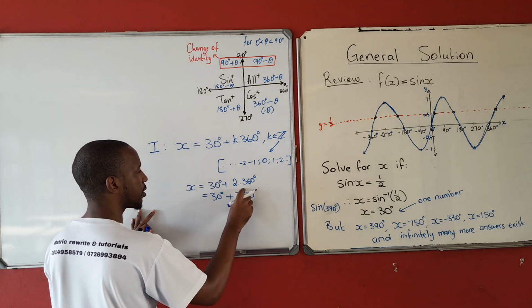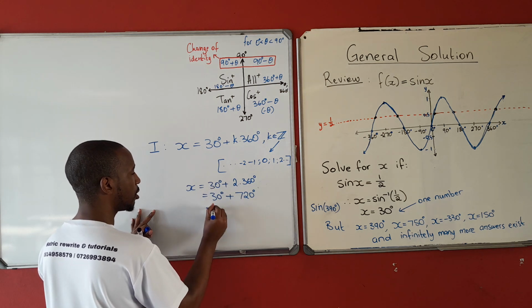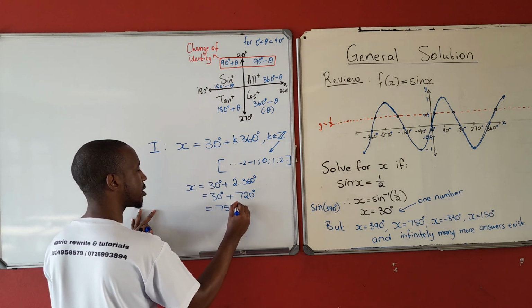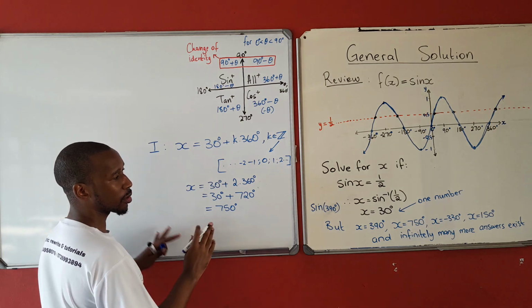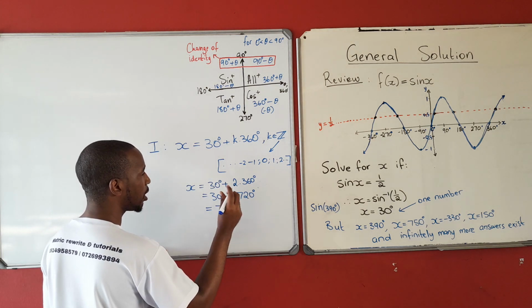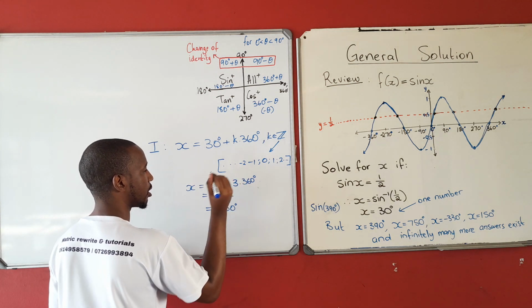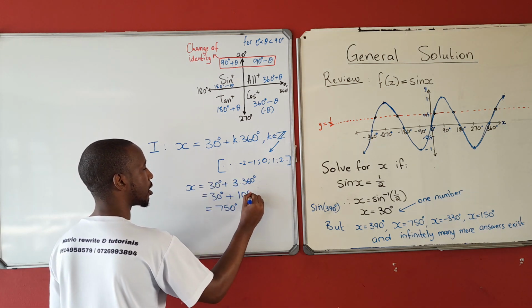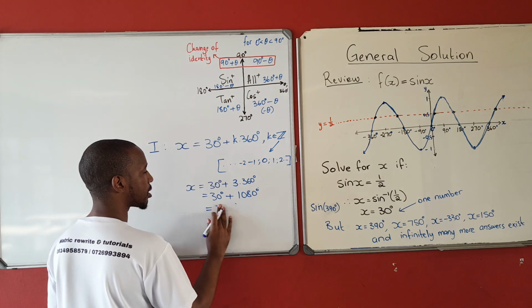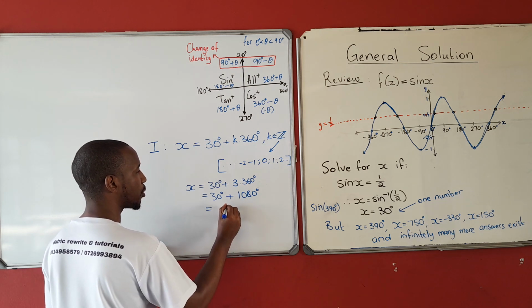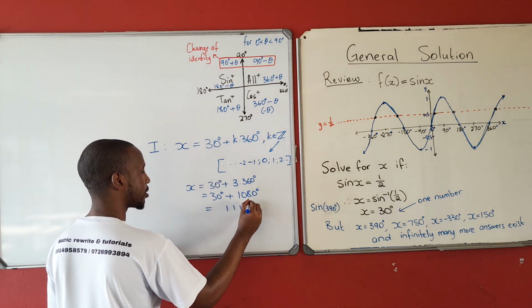BODMAS, multiplication first before addition. Therefore, we have 750 is definitely a solution. We can continue doing these things. For example, if I change this around, making k 3, this gives me 1080 degrees, which means that now the answer would be 1110 degrees.